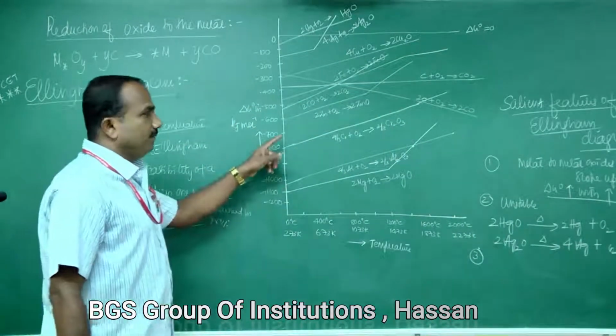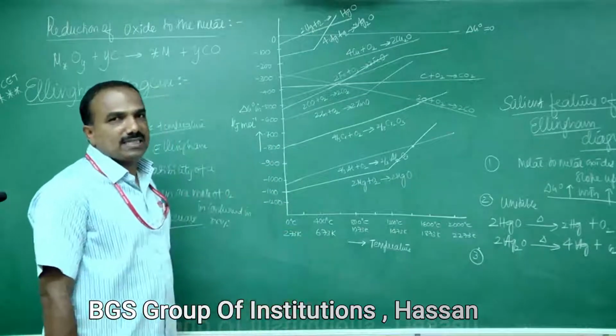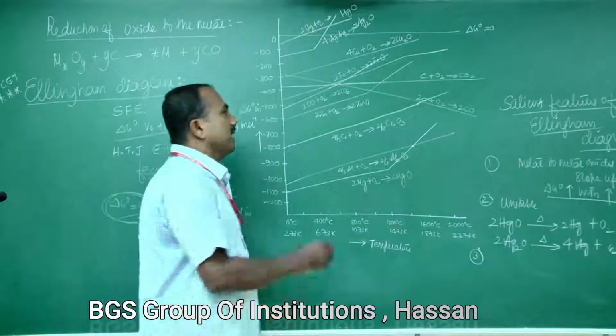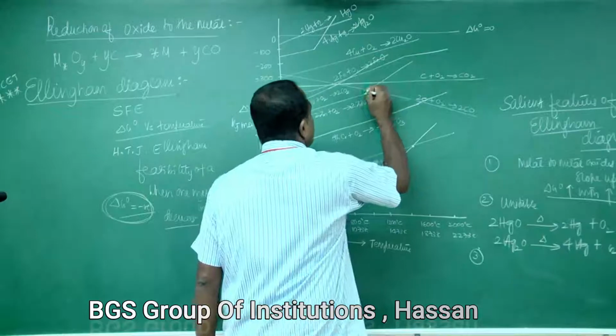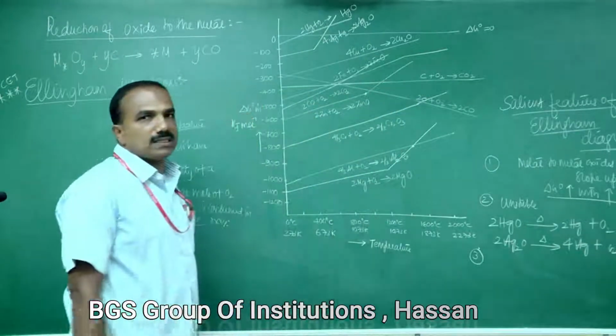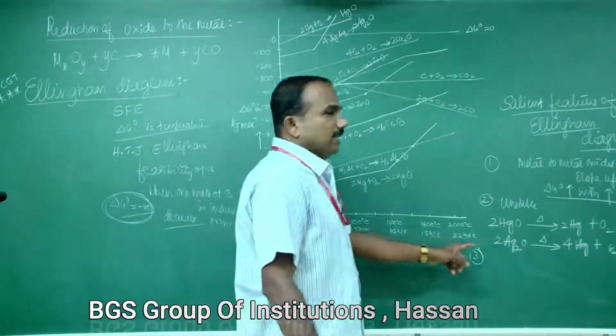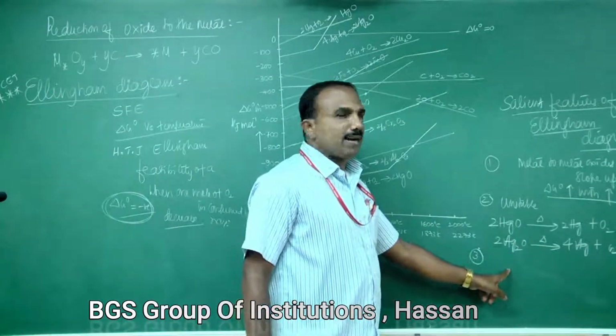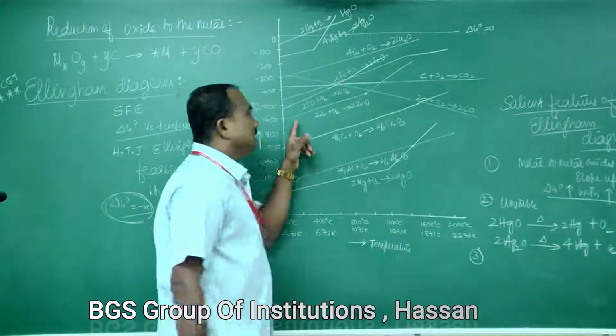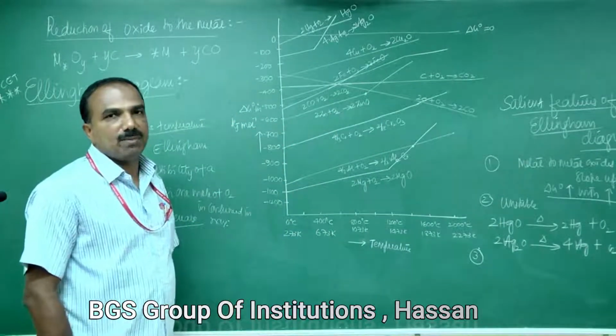Next, third feature. There is a sudden change in the slope of the graphs at their melting points or boiling points. This is due to the large changes in entropy values.